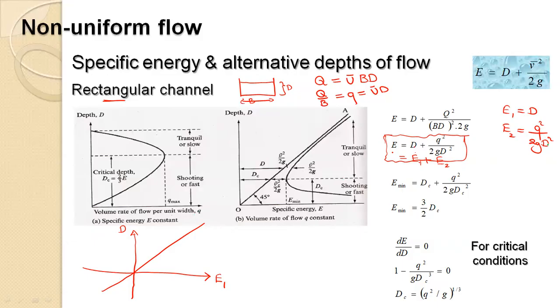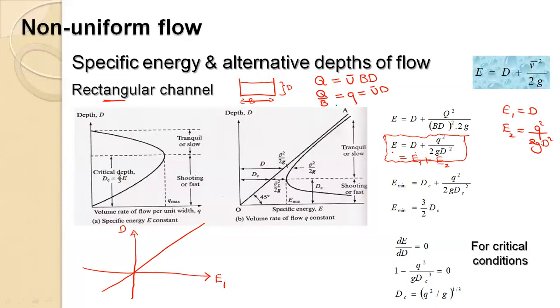When D equals 0, then E2 should be what? Maximum. Maximum means when D equals 0, it's infinity, no? It has to be infinity, no?